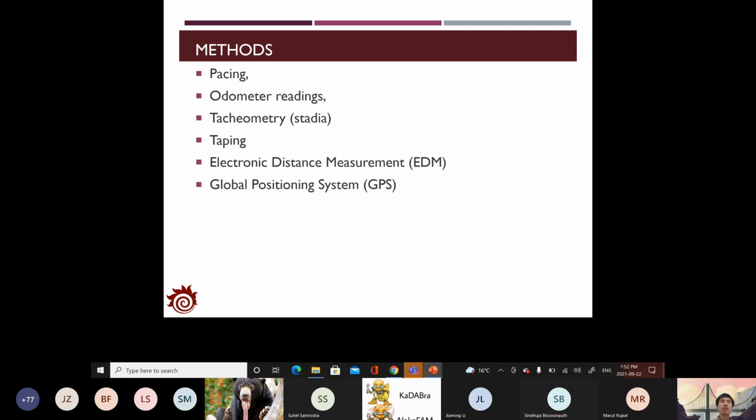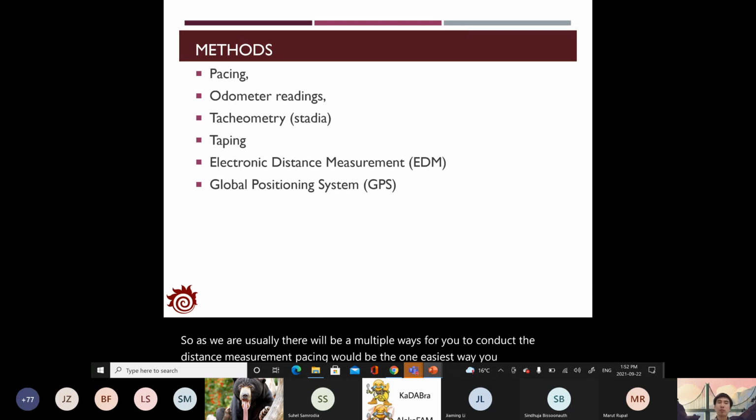As usual, there are multiple ways for you to conduct distance measurement. Pacing is the easiest way. You can just use pacing to measure the distance: count how many paces you walk from the origin to the destination. In the lab experiment, you also conducted some distance measurement with pacing.